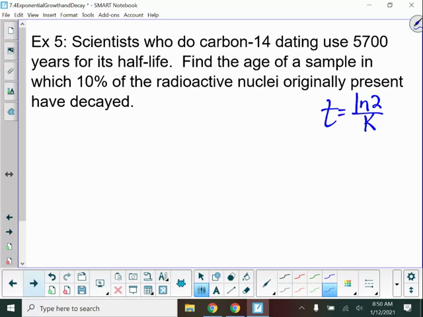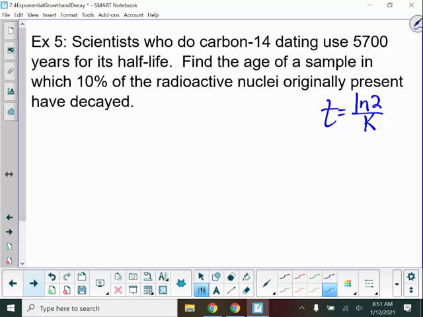This problem deals exclusively with carbon-14 dating. Scientists who do this dating use 5,700 years for its half-life. We want to find the age of a sample in which 10% of the radioactive nuclei originally present have decayed.